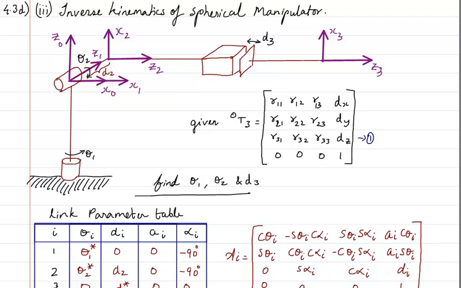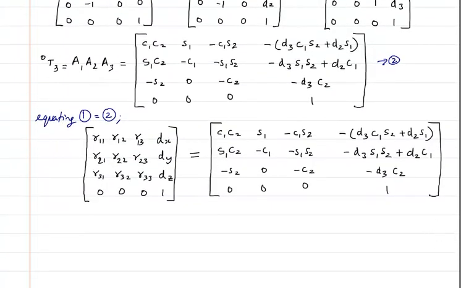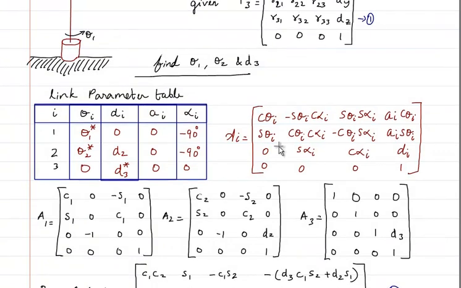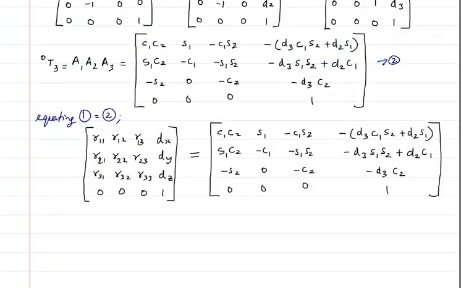That is what we have to find. Here you have to be careful, because d2 is only the link length. It's not a link variable. Link variables are the ones that we have put the star on. By the structure itself, we know the value of d2, so we consider d2 to be known.